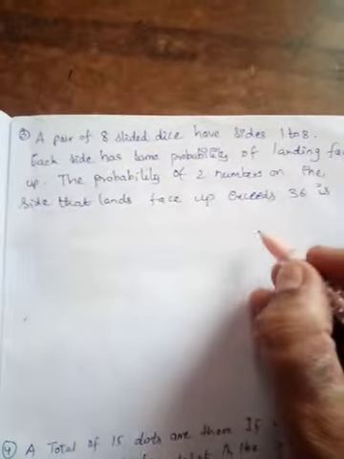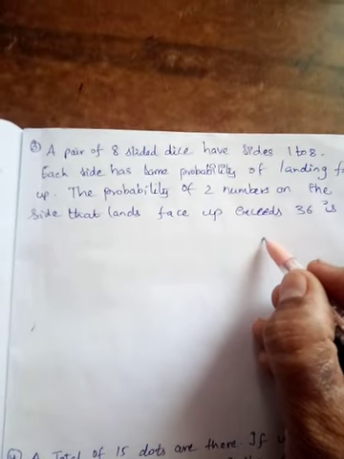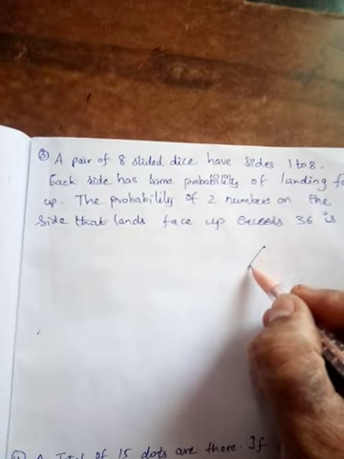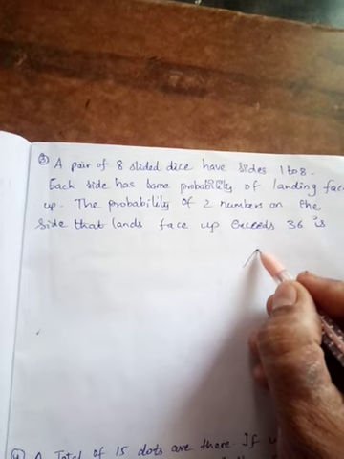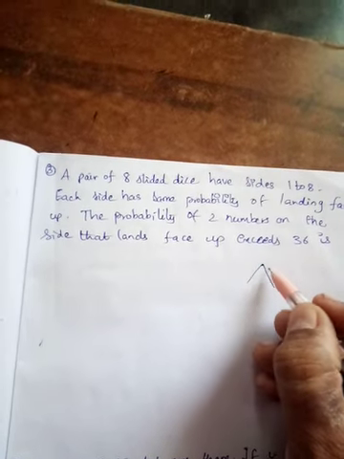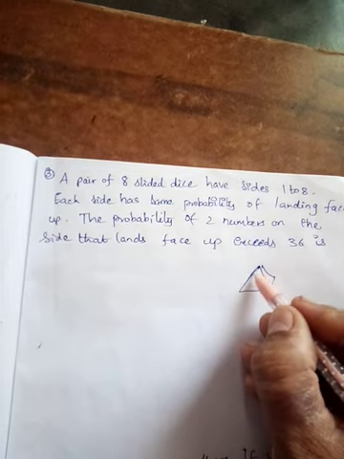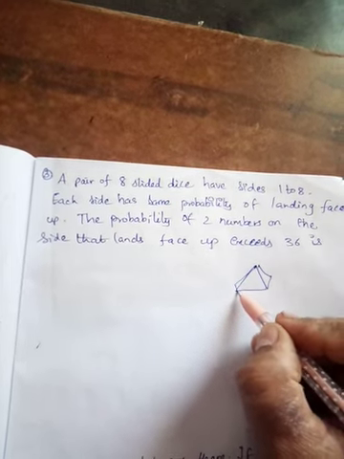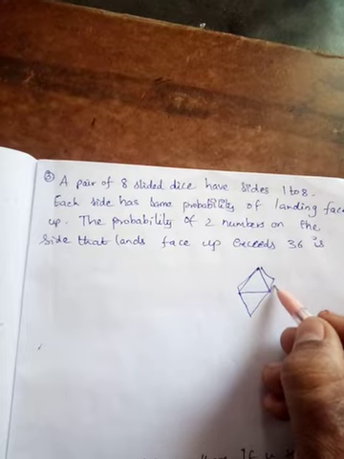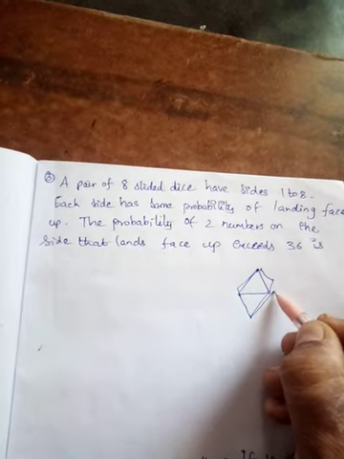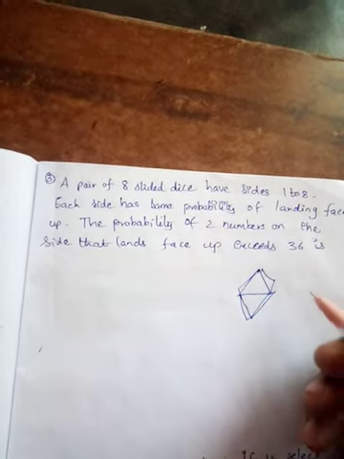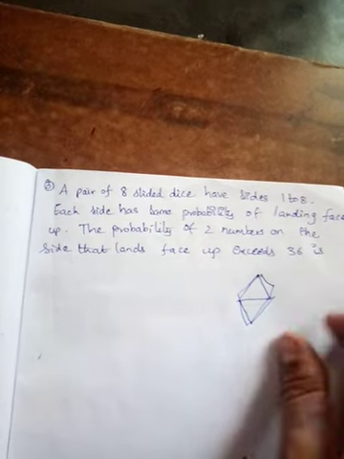Now let me draw the shape. For example, 8-sided, in the sense, you can take it like this. Here comes 1. This is 1.